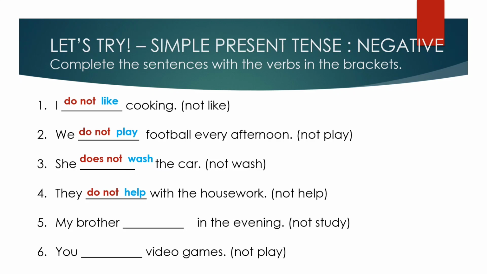In bracket, not study. So is it my brother do not study in the evening or my brother does not study in the evening? Yes, the answer is does not study. My brother does not study in the evening.